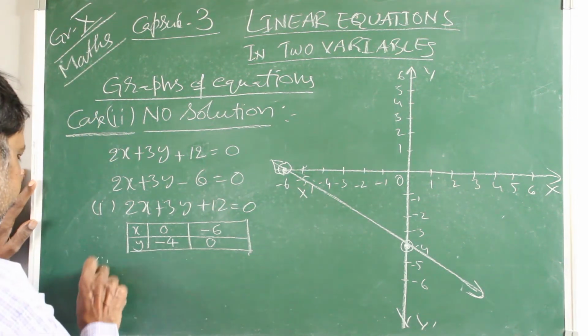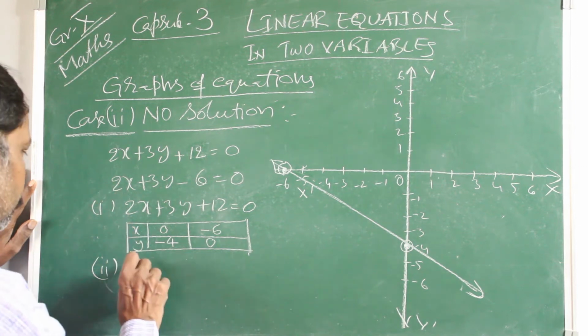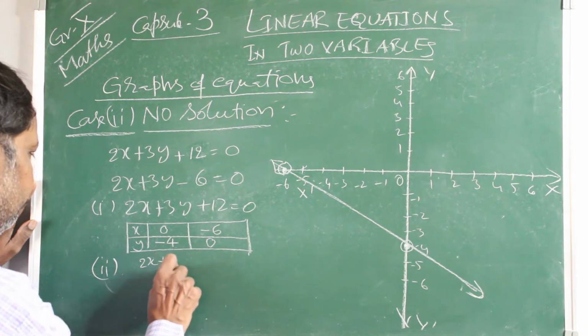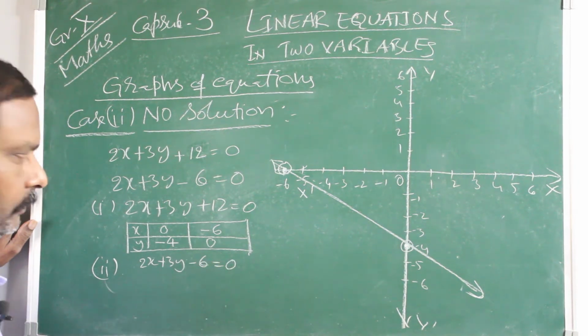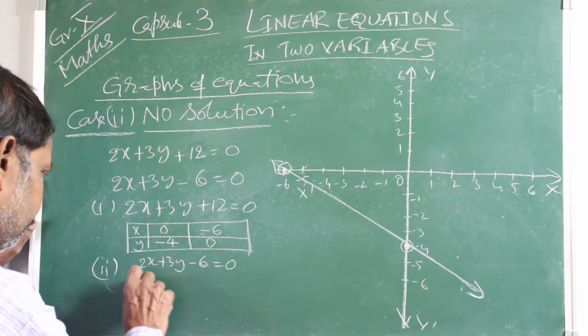The second equation is 2x plus 3y minus 6 is equal to 0. As usual, prepare the table.